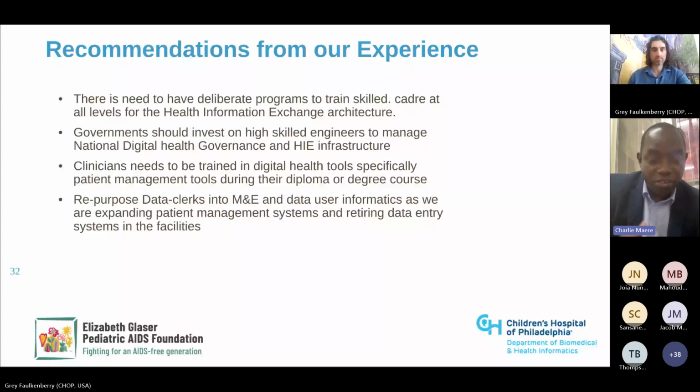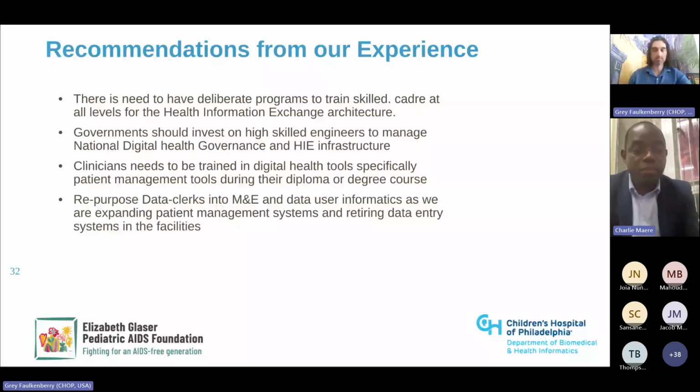Clinicians themselves need to have digital health tools training embedded within their diploma and degree courses. And also data collectors should be repurposed into M&E and data use or informatics teams, because we are retiring data collectors into this new cadre where clinicians will have tools to use the systems, and those systems will collect data automatically.